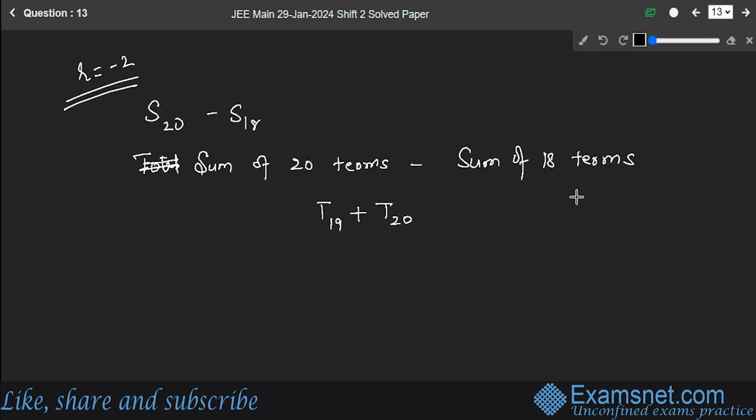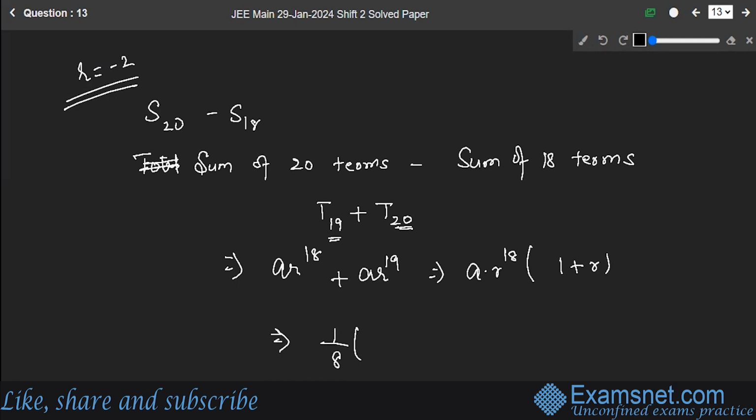So what is the 19th term? It is given by A R power 18, 19 minus 1, and the 20th is given by A R power 20 minus 1, which is this. Let's take A into R power 18 common. So this will be 1 plus R, and here you have A as 1 by 8. It's given in the question. R we just calculated, minus 2 power 18, 1 minus 2.